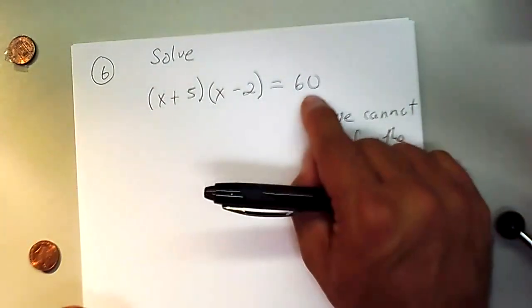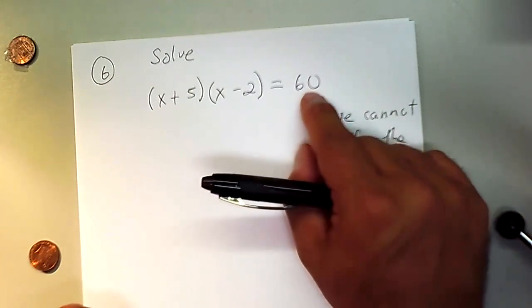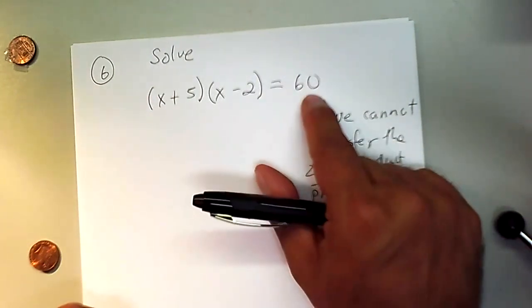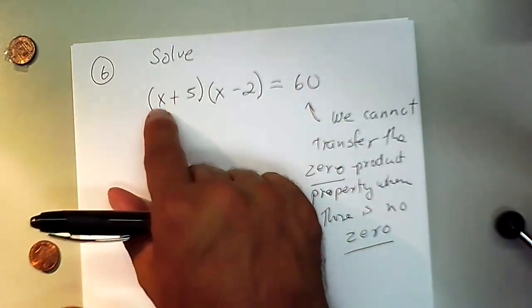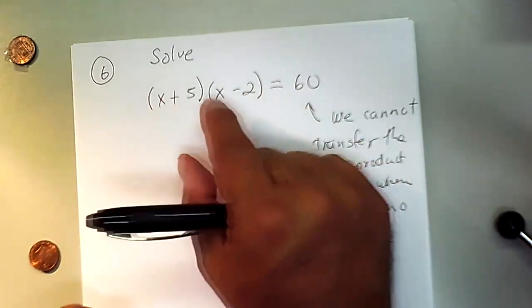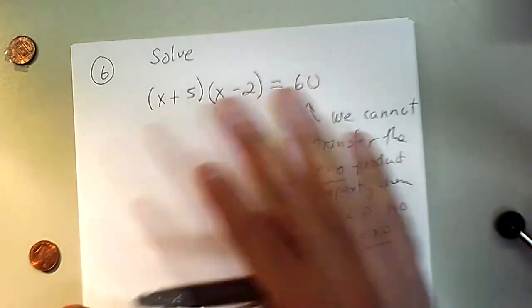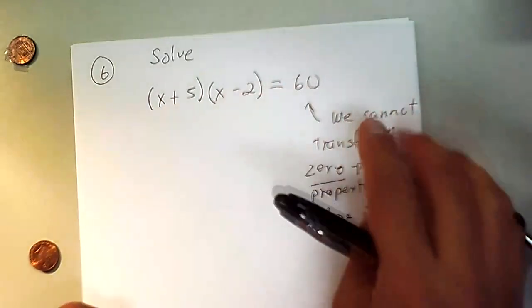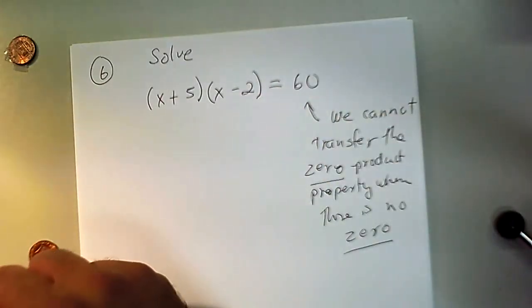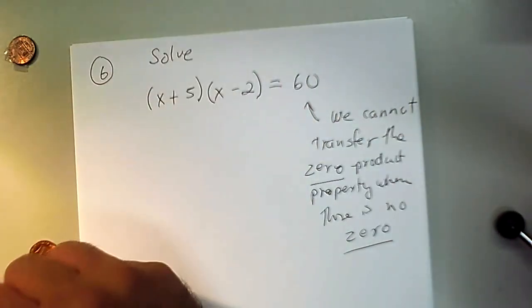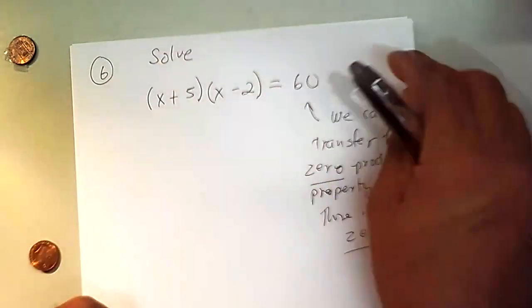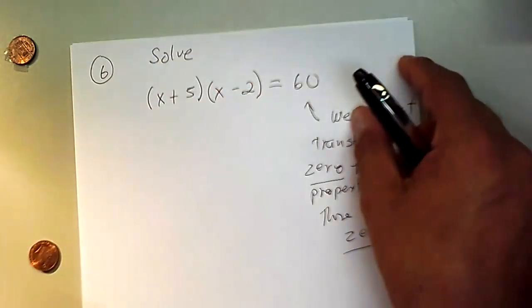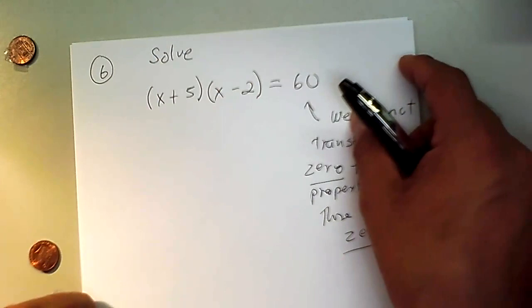If you don't have a 0 here, a product equaling 0, we cannot do anything with it. So some students put x plus 5 equals 60, x minus 2 equals 60. That won't work. Don't even try it. It's messed up. No way. Absolutely not. As soon as we do that, the whole thing falls apart. It's not even logical to do that.